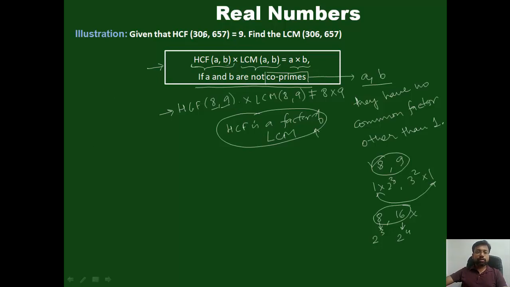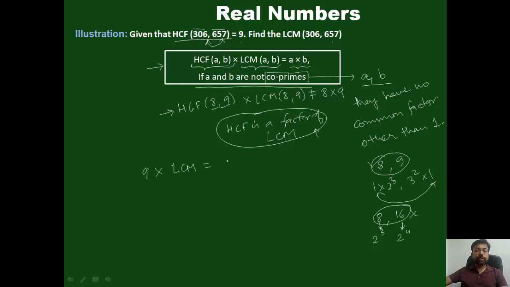Now let's see what is stated here. It's given that the HCF of 306 and 657 is 9, and we have to find the LCM of 306 and 657. So the first thing that we need to check is whether A and B are co-primes, which means do they have any common divisor? They are not. Hence this particular result is going to hold true, which would mean that 9 into the LCM, which we have to find out, is going to be equal to the product of the two numbers.